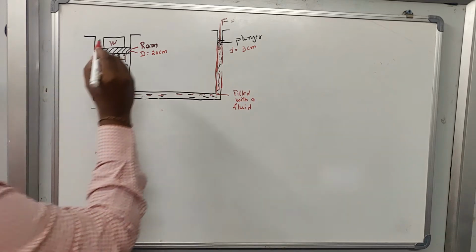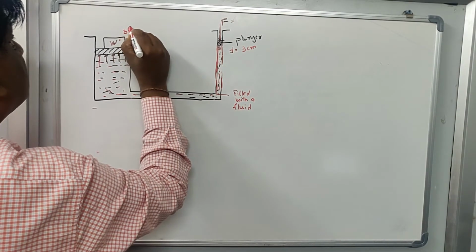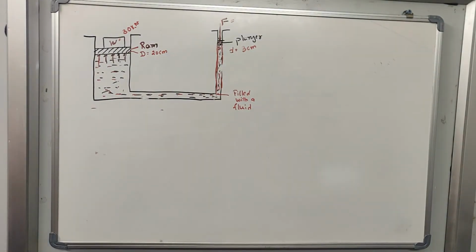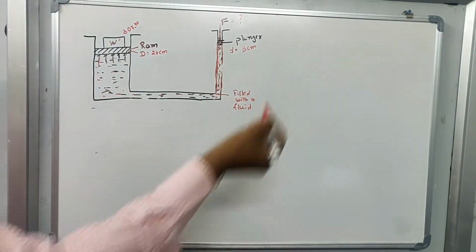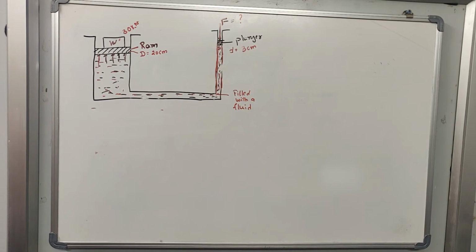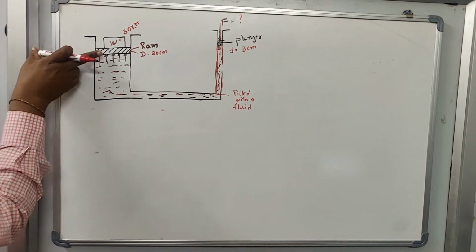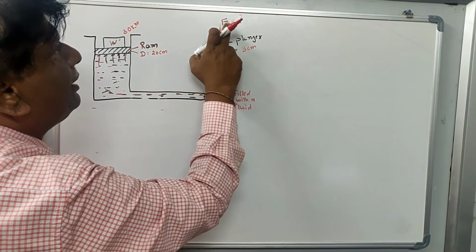So when W is equal to 30 kilonewton, find the force F. In the previous example F is given, so you were asked to calculate W. In this problem W is given, you have to calculate F.